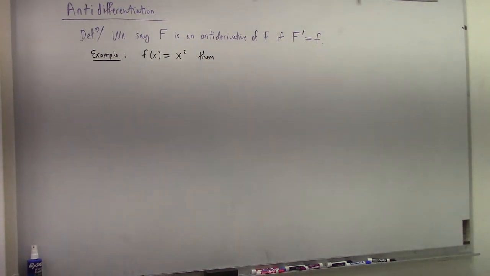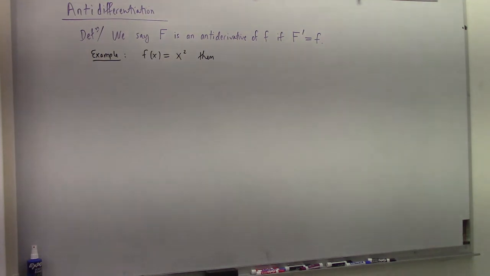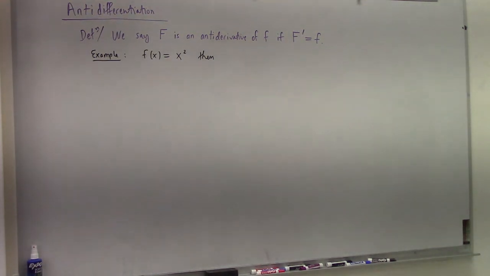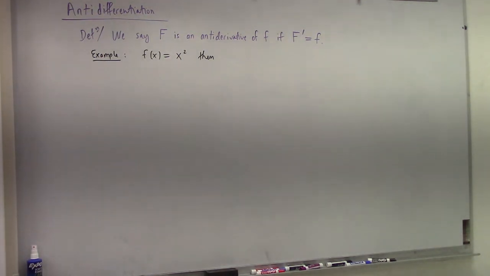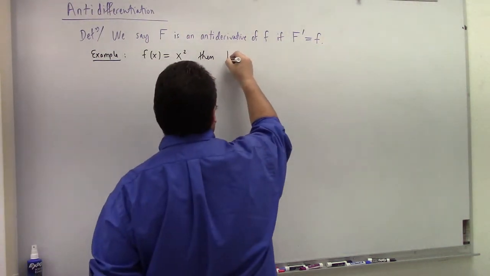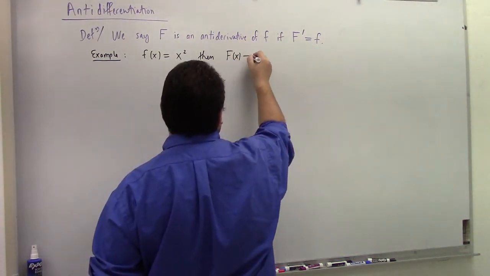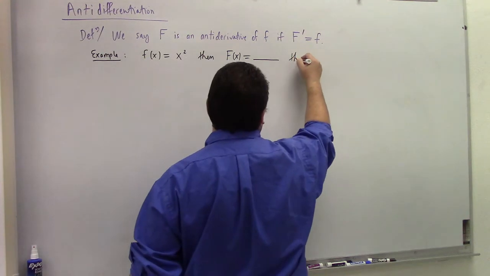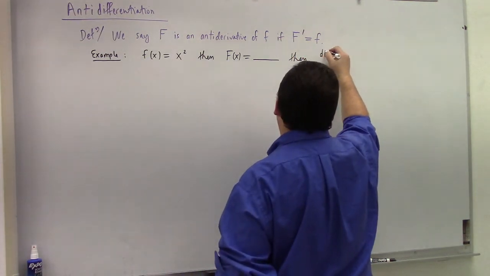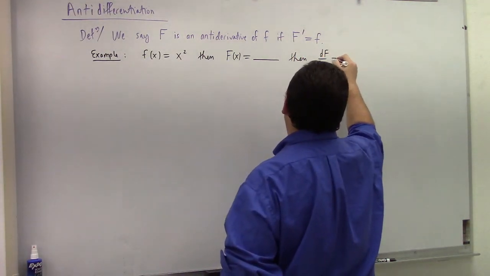Right. So if the function is x squared, then the question is, how do you anti-differentiate that? Your goal is to fill in this blank: big F of x, where dF/dx equals x squared.